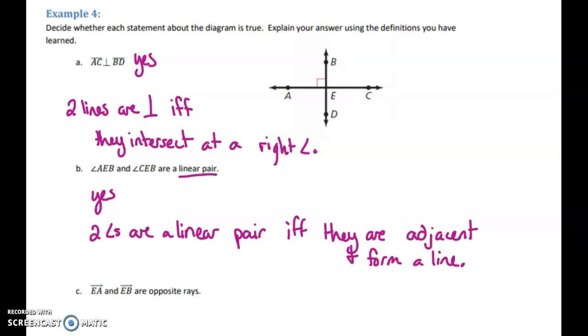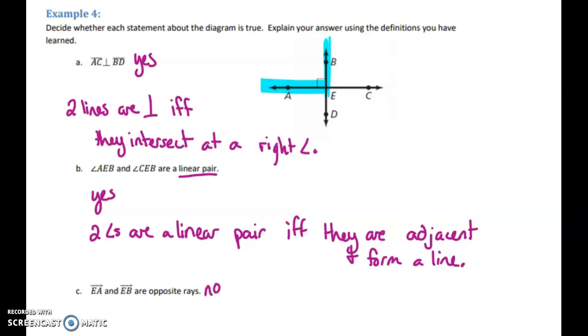All right, and I'm going to go ahead and erase what I drew on my drawing over here. Now, last but not least, ray EA, that's this ray right here, and ray EB, that's this ray right here, are opposite rays. So, what are opposite rays? We learned that they have a common endpoint, which these do. They have a common endpoint of E, and they have to extend forever in opposite directions. And these do not extend in opposite directions.